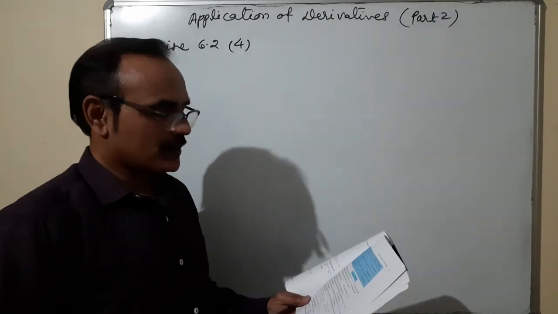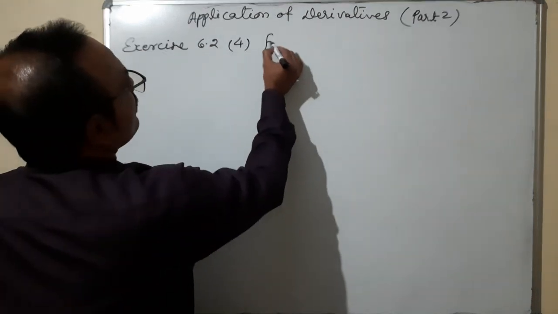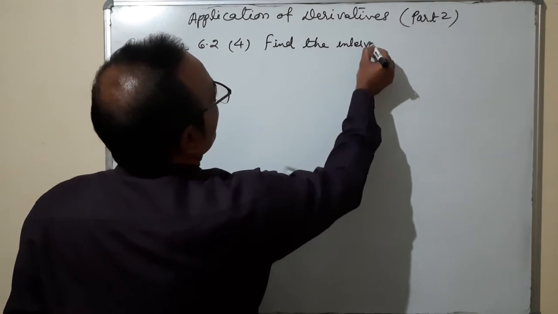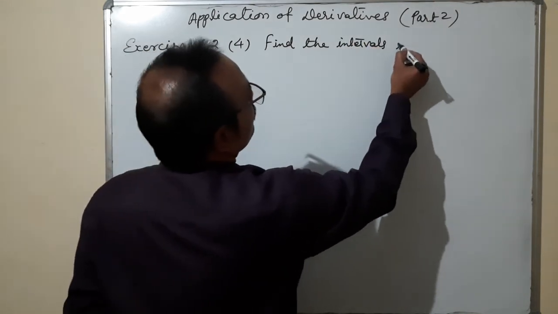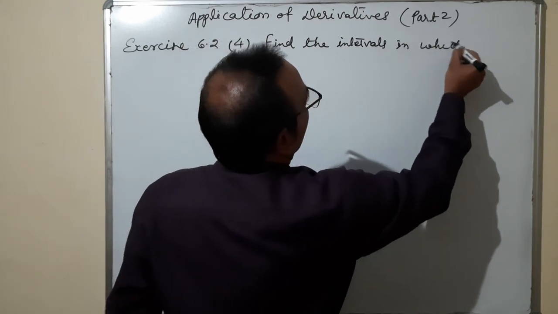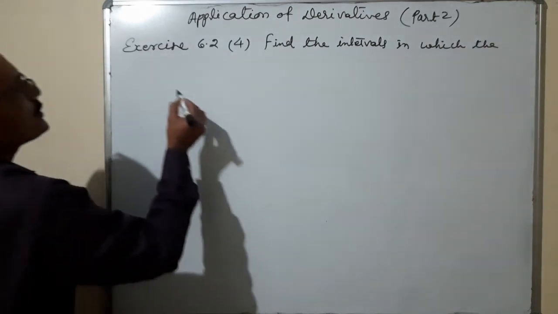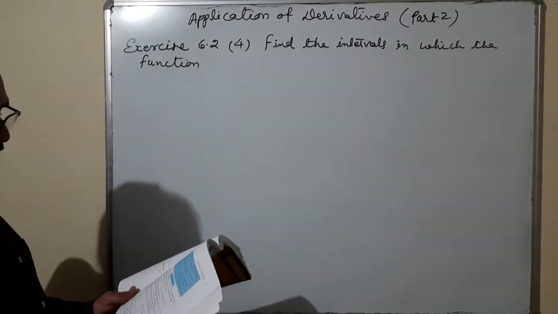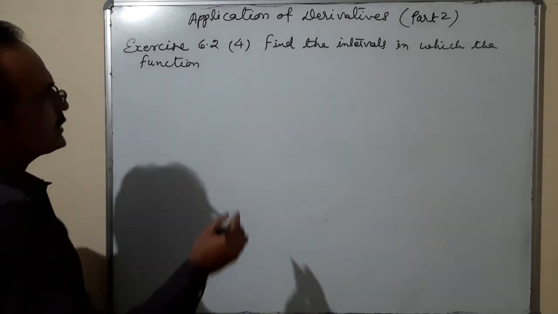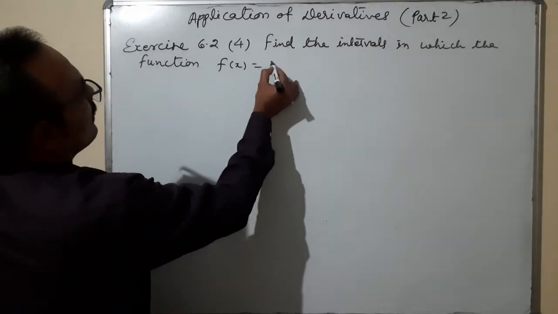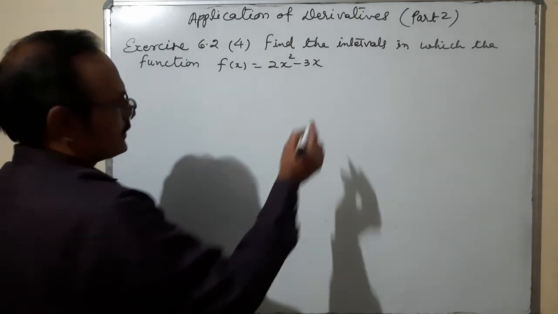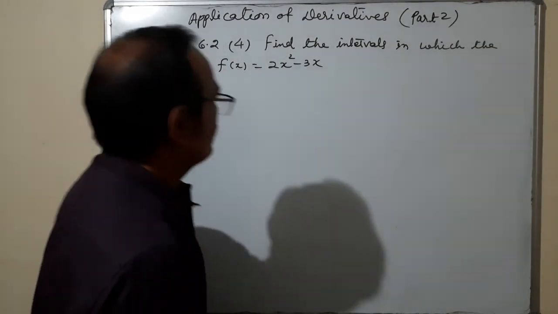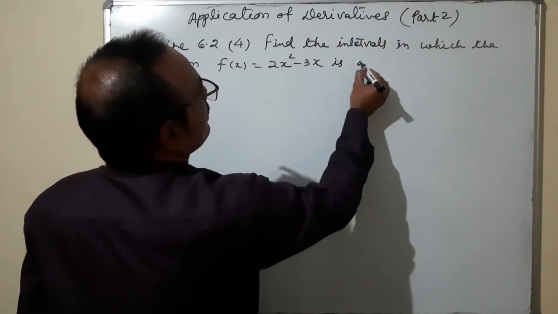Find the intervals in which the function f of x is equal to 2x square minus 3x is first increasing, second decreasing.